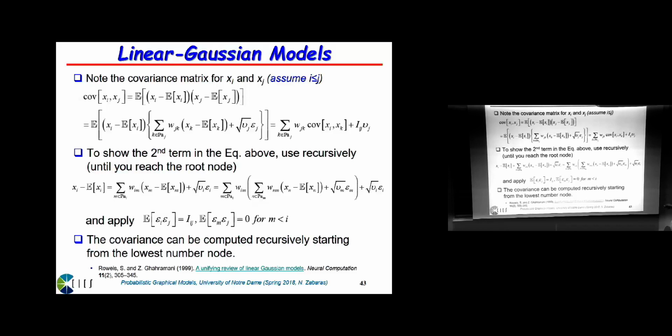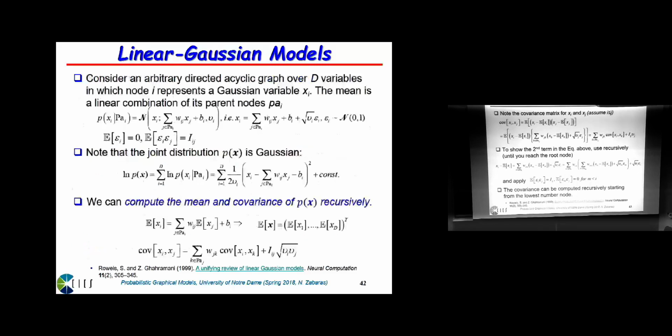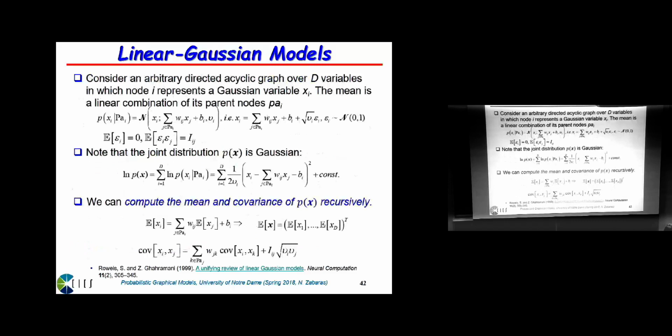All right? So when you do it this way, it comes out that when you take this times that and take expectations, the contributions from this summation drop to 0, and then you basically have this expectation of Vj, Vi, epsilon i, epsilon j, which at the end of the day will give you this.